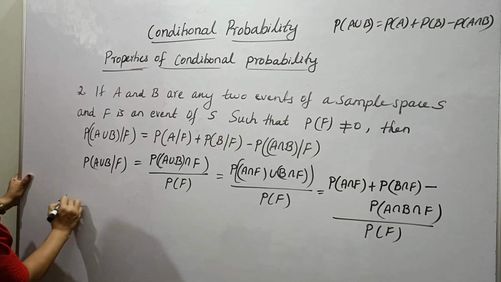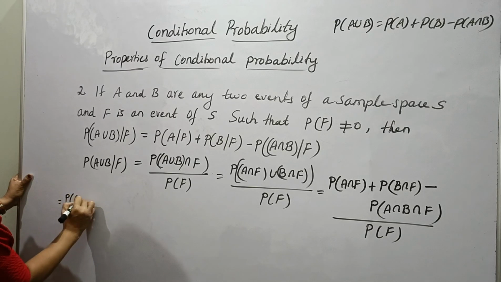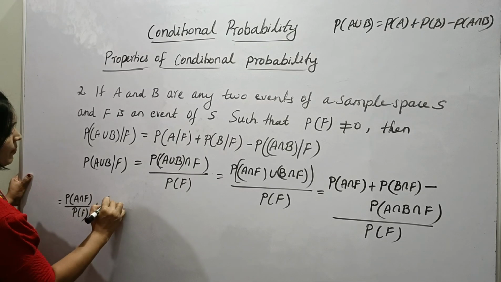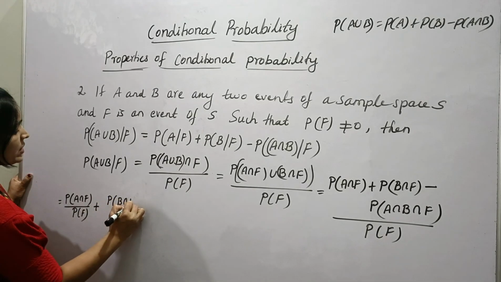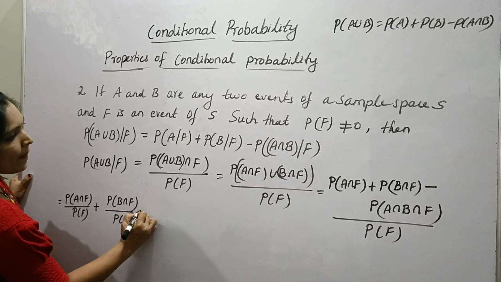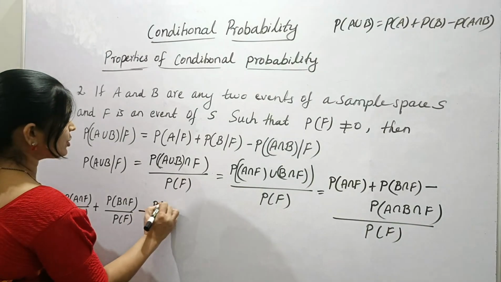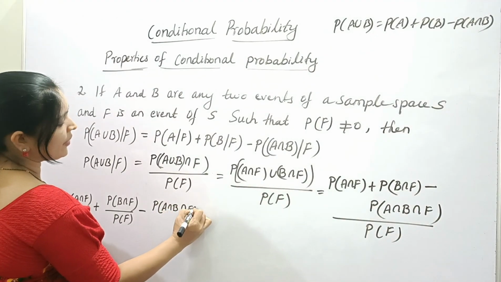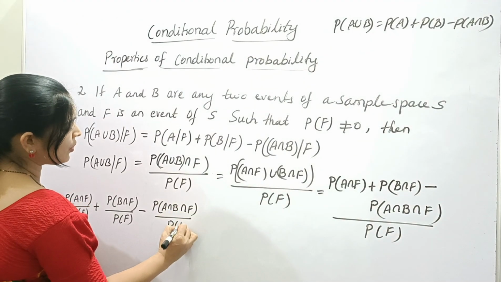So probability of A intersection F divided by probability of F plus probability of B intersection F divided by probability of F minus probability of A intersection B intersection F divided by probability of F.